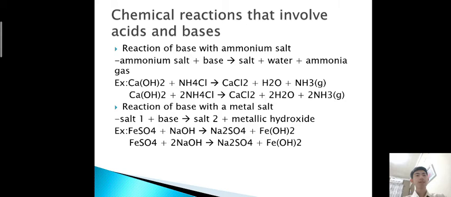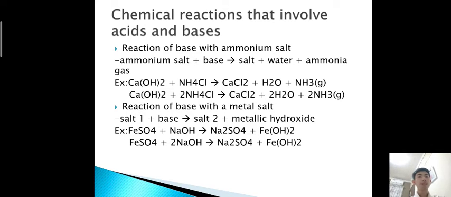The seventh one is the reaction of base with ammonium salt. The formula is ammonium salt plus base forming salt plus water plus ammonia gas. For example, Ca(OH)2 plus NH4Cl forming CaCl2 plus H2O plus NH3 in gas form, or ammonia gas.